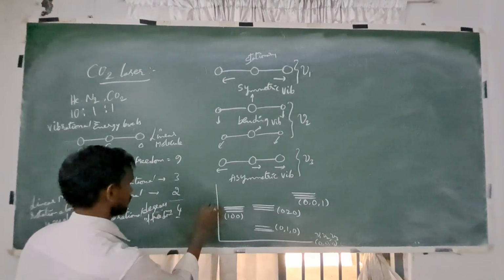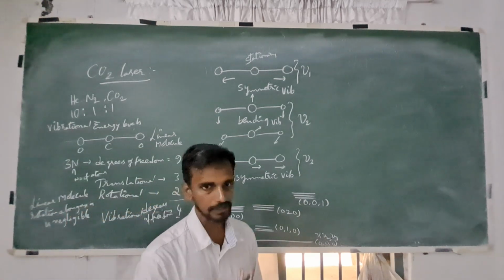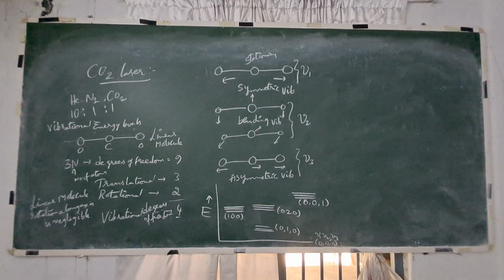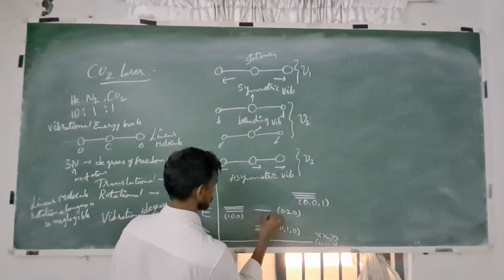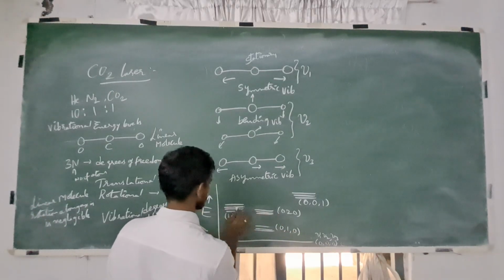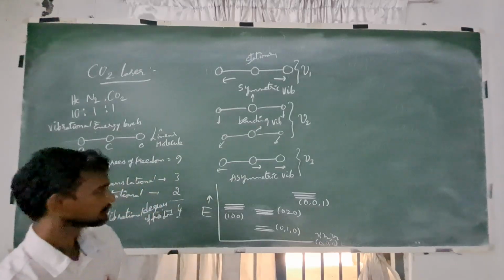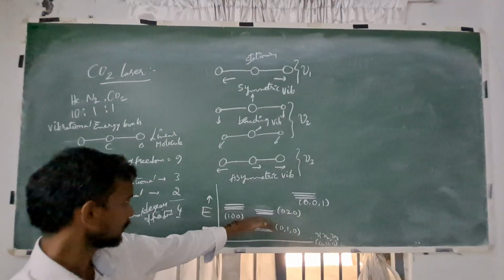So this is the energy level diagram for the vibrational modes of the carbon dioxide molecule. 0 2 0 is even lower than 1 0 0.